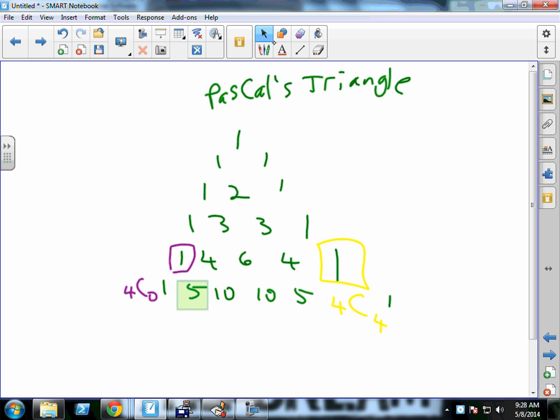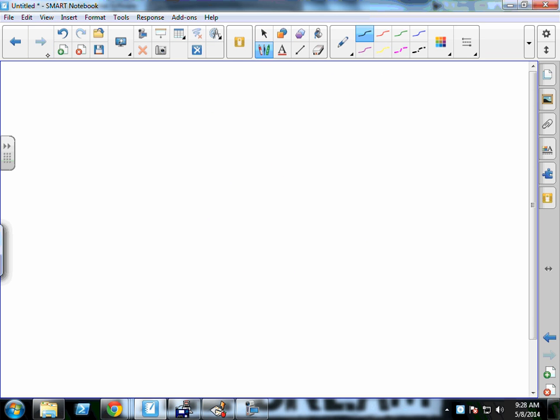So the final idea we need to talk about today is this. The general counting rule.